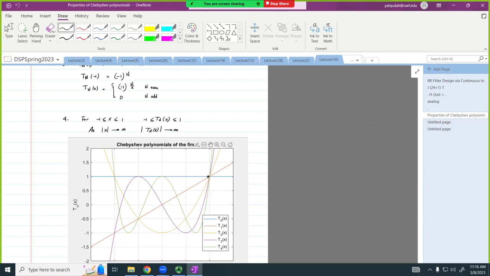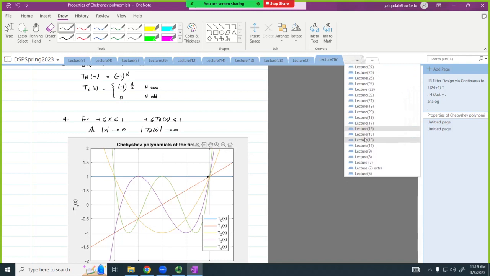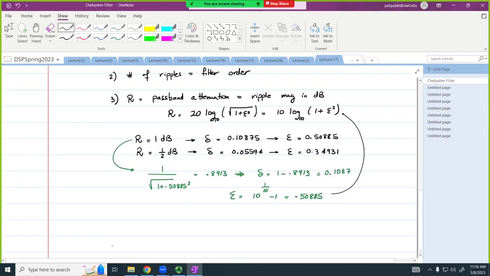Now one more thing to mention. Go ahead. Shouldn't epsilon be the square root of that? Yes, it must be.